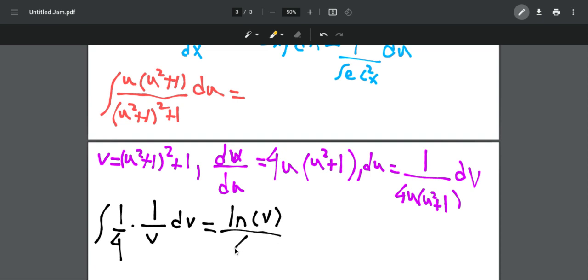And now you have to plug in our substitution. We let v be equal to u squared plus 1, squared, plus 1.